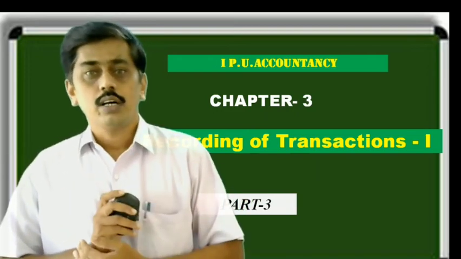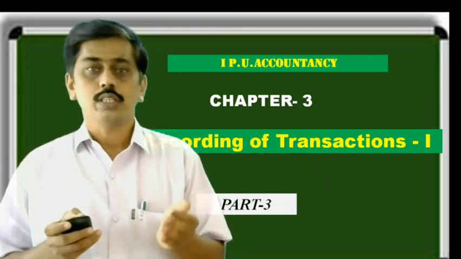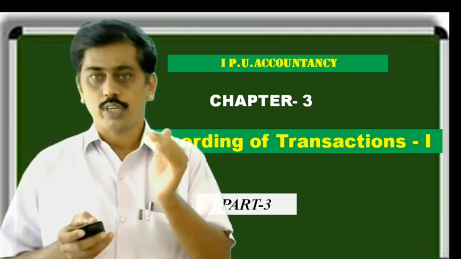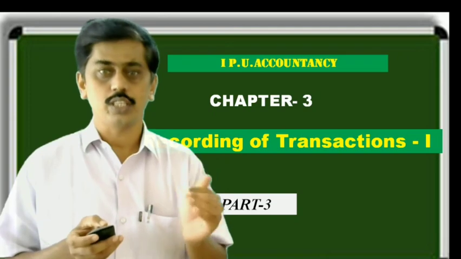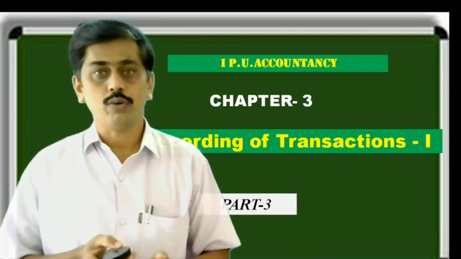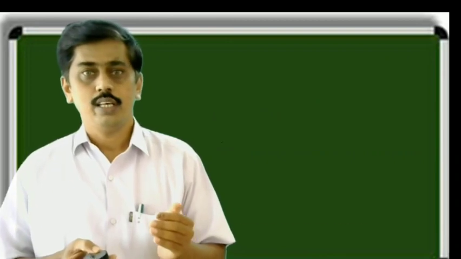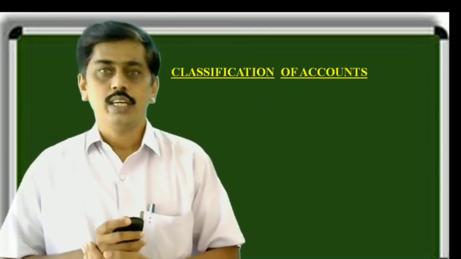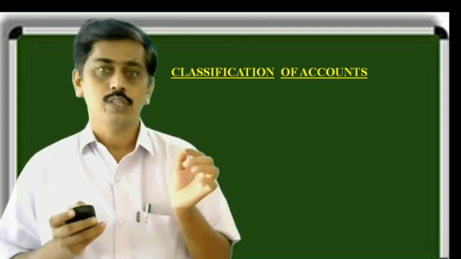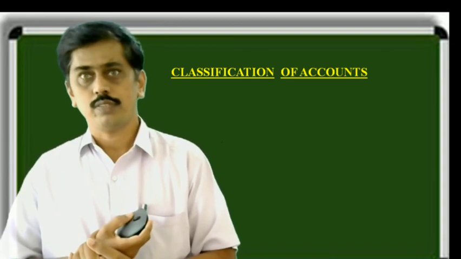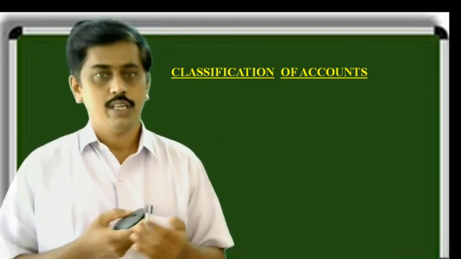Today, let me move on to the next aspect in the topic recording of transactions part 3, that is the classification of accounts. When we say classification of accounts, it is better to have some idea about the meaning of account. What is an account?